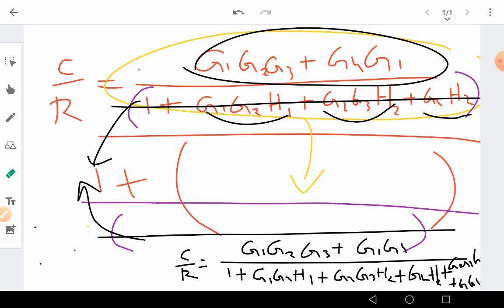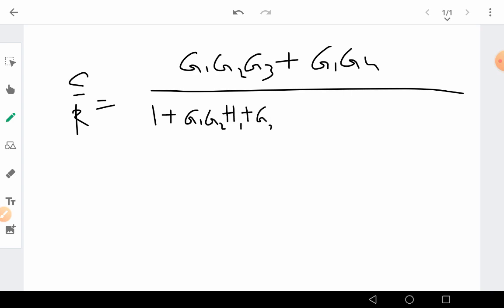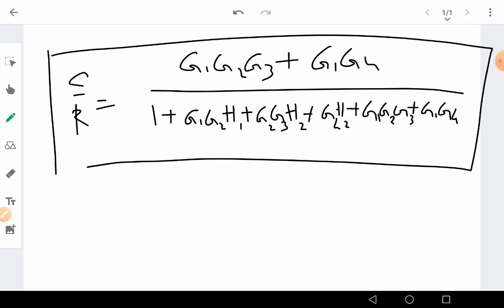Okay, so the answer will be C by R, the reduced transfer function, G1 G2 G3 plus G1 G4 divided by 1 plus G1 G2 H1 plus G2 G3 H2 plus G4 H2 plus G1 G2 G3 plus G1 G4. So this is going to be the answer.